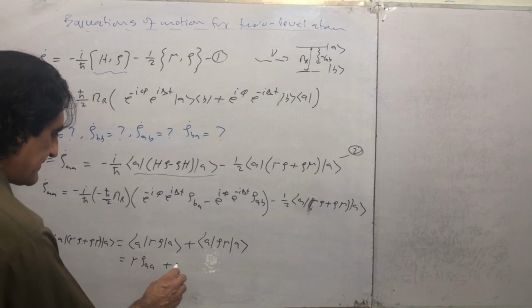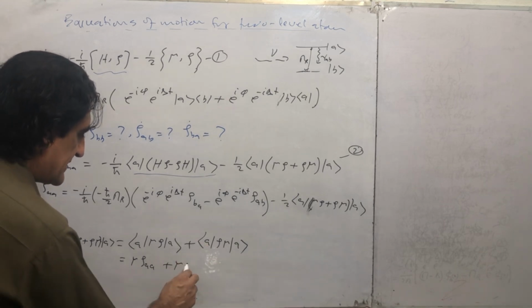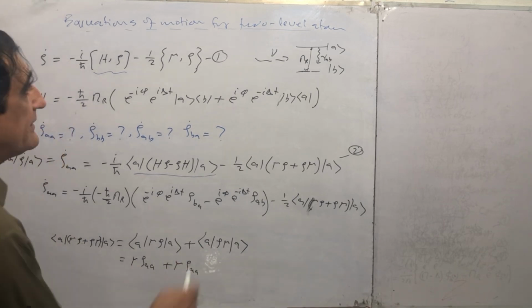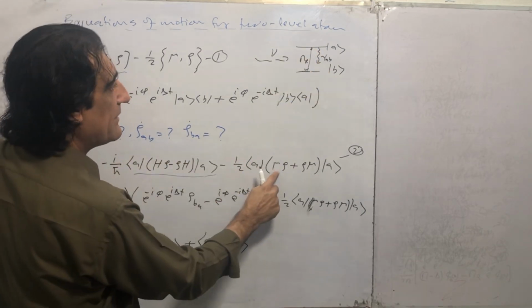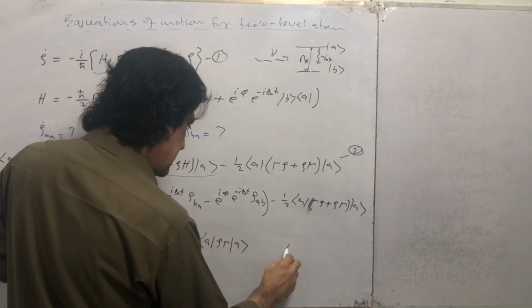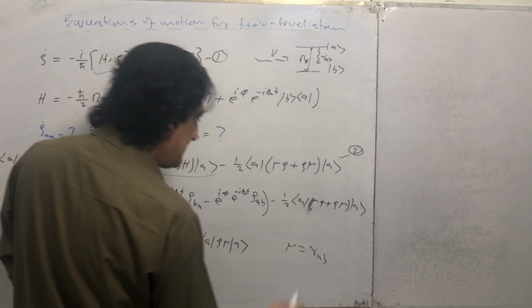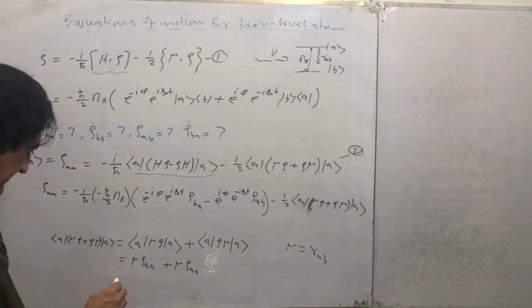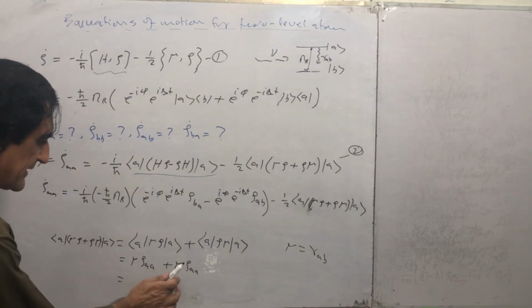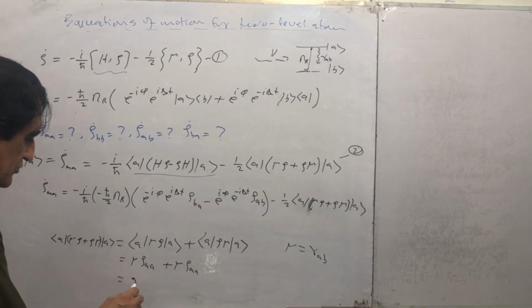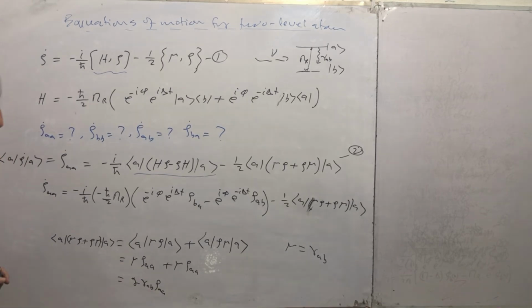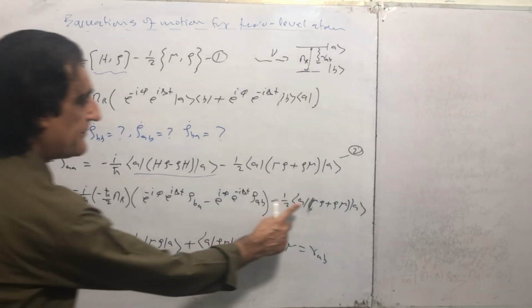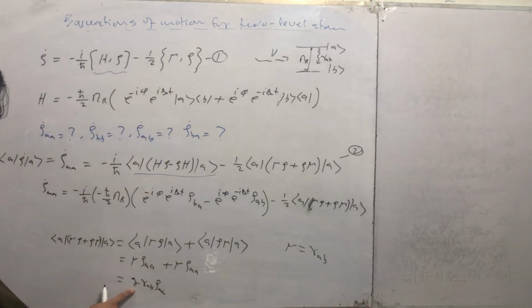And similarly Γ, this state, ρ_AA. And here we have considered this capital Γ. This is actually equal to γ_AB. So putting the value of this γ_AB and γ_AB, it means that this is 2γ_AB ρ_AA. So the value of this is 2γ_AB ρ_AA.